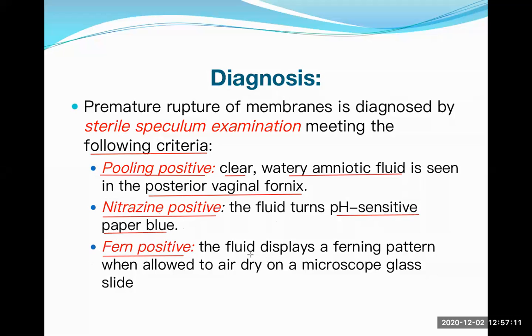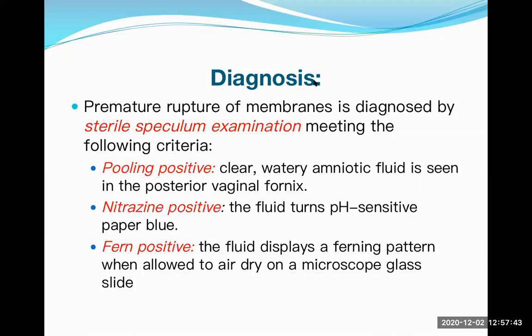That means the fluid which is collected there should display a ferning pattern when allowed to air dry on a microscope glass slide. So what we do now, we collect some of the fluid, put a few drops on the microscope glass slide, allow it to dry. It will show a fern pattern, means leaf-like pattern there. So these three criteria are important regarding the diagnosis of PROM.